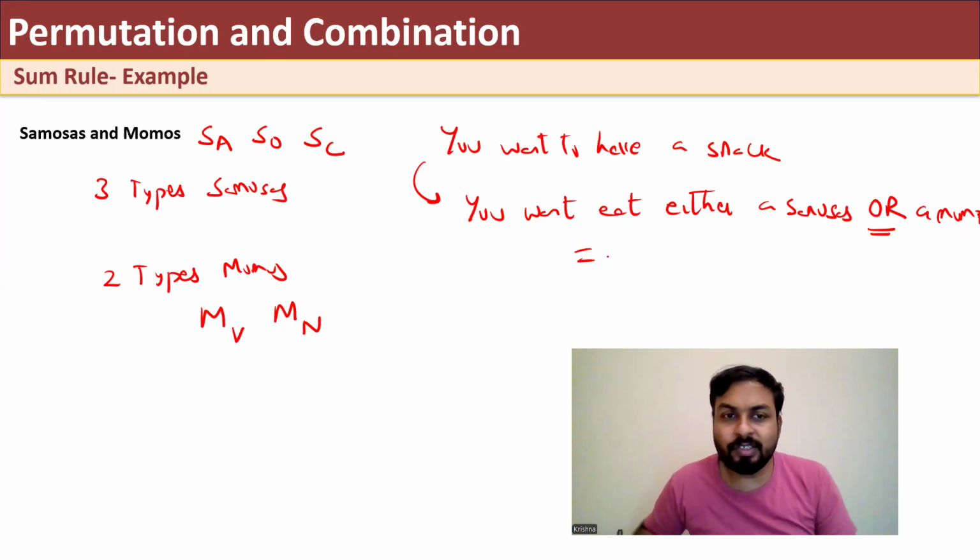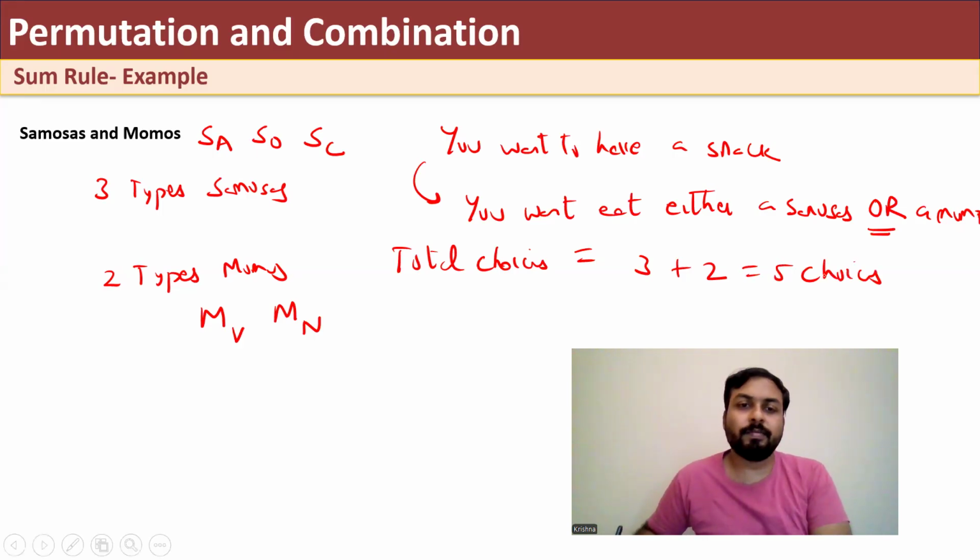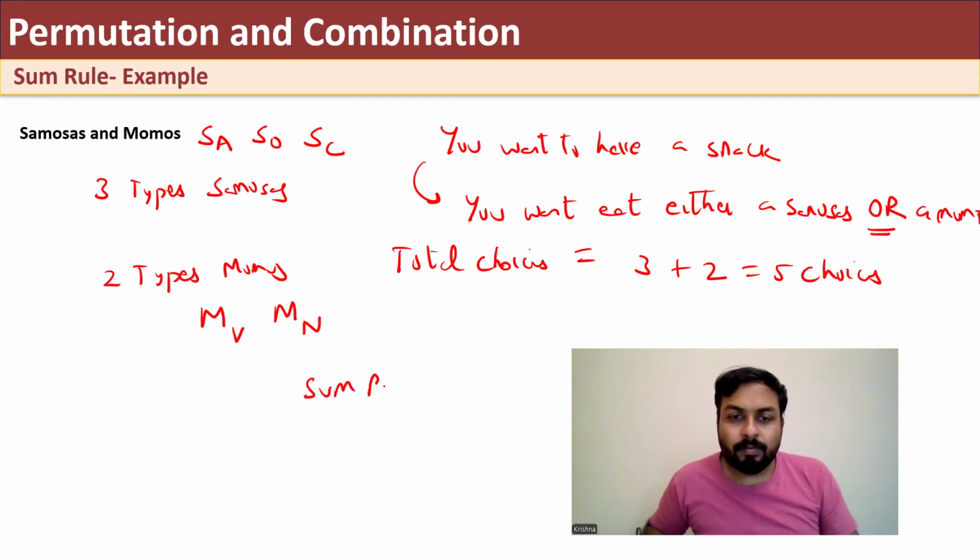So how many choices do you have now? Total choices: three for samosas and two for momos. So in total, you have five choices. This is nothing but the sum rule.